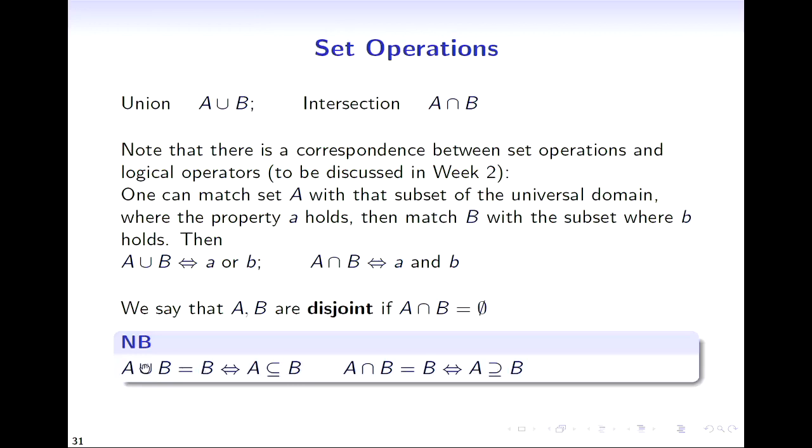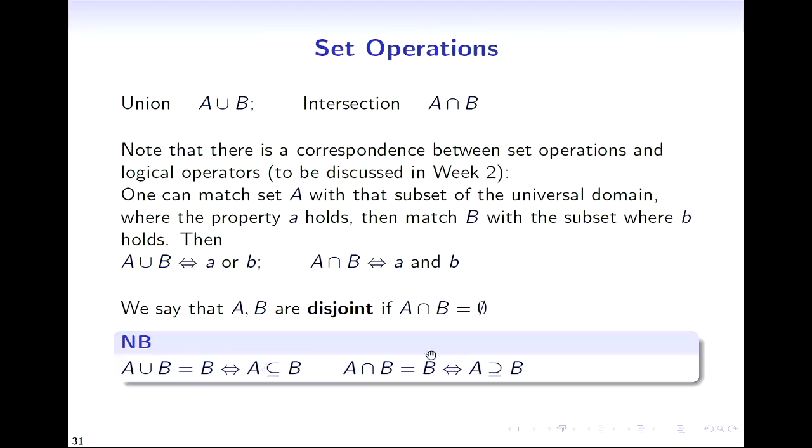So from this, we can conclude that A must be a subset of B, and it also holds the other way around. This, by the way, is the standard mathematical symbol for an if and only if. And again, we will be looking at this more closely either at the end of today's lecture or at the beginning of next week's lecture. When we look at logic, intuitively it means that this condition is true if and only if this condition is true.